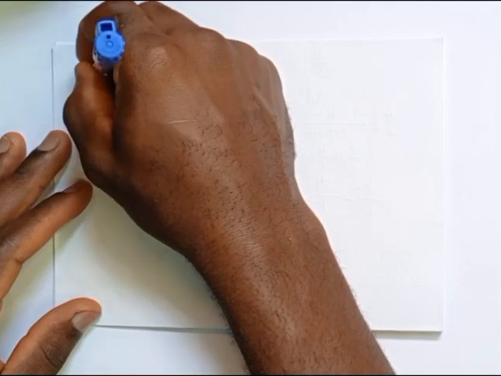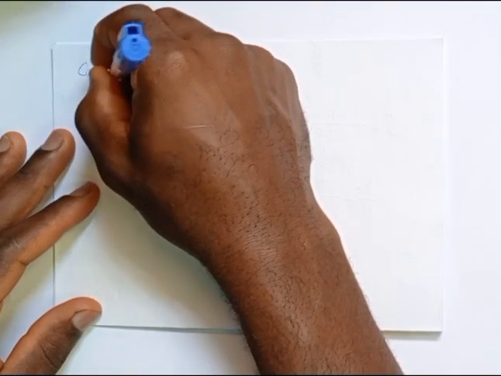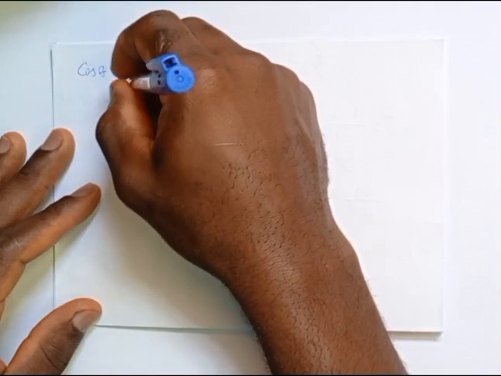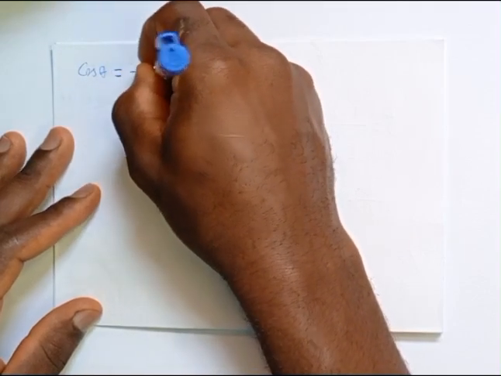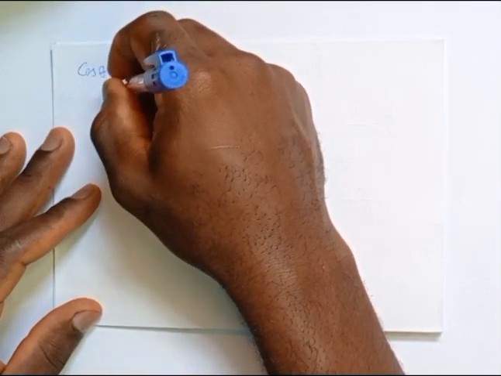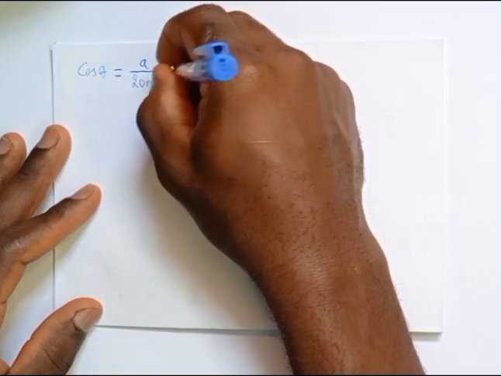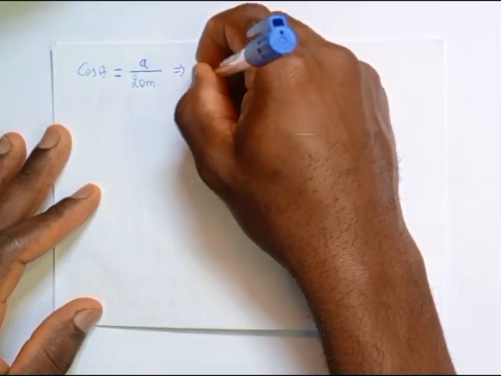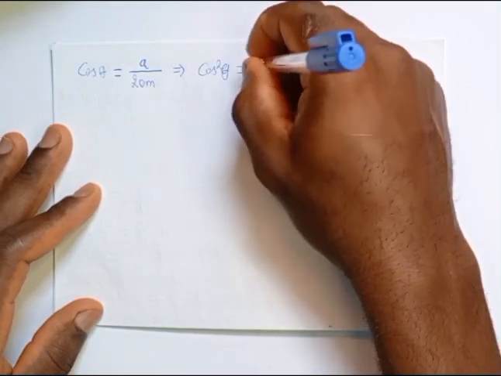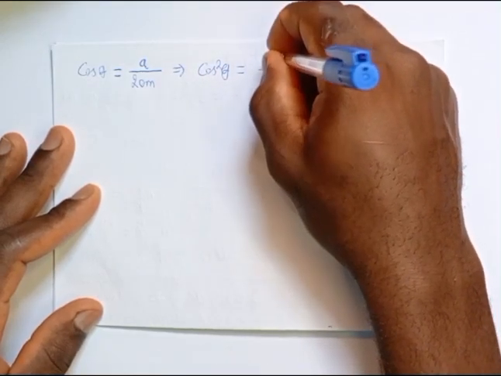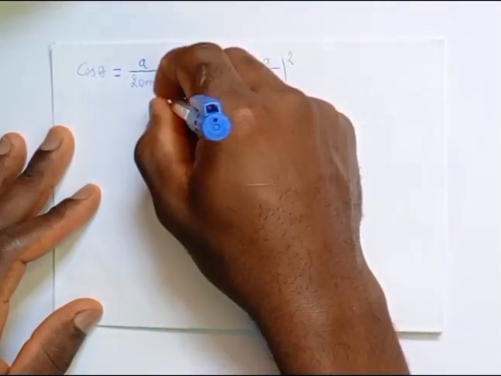This will give us cos theta to be equal to the adjacent, A, all over the hypotenuse, which is 20 meters. Then cos squared theta will be equal to A all over 20 meters, all this squared.